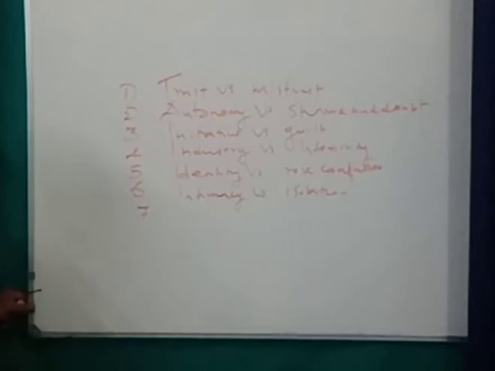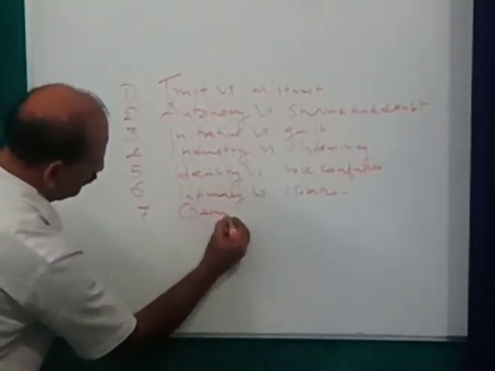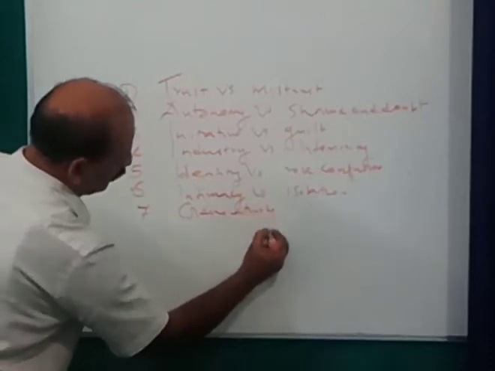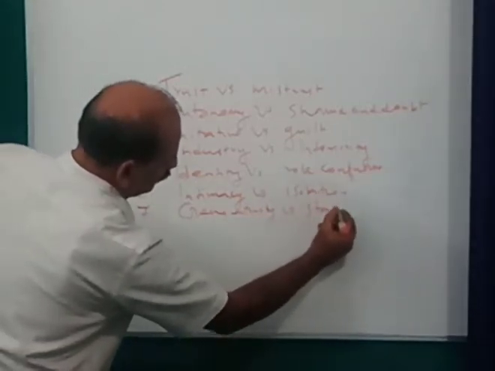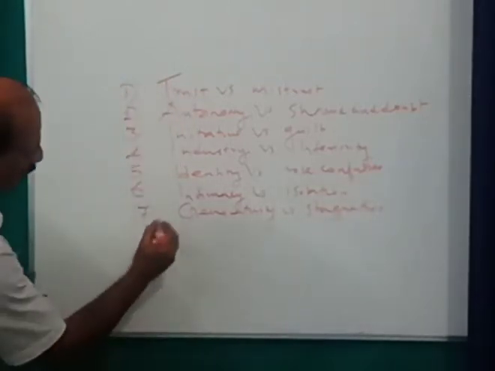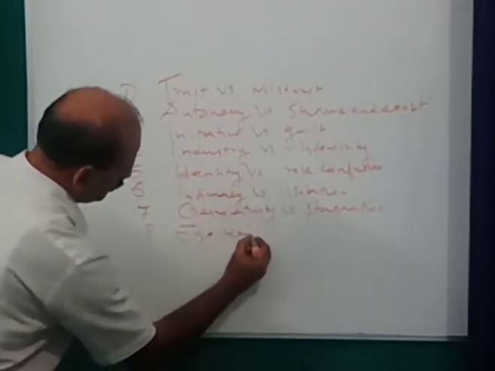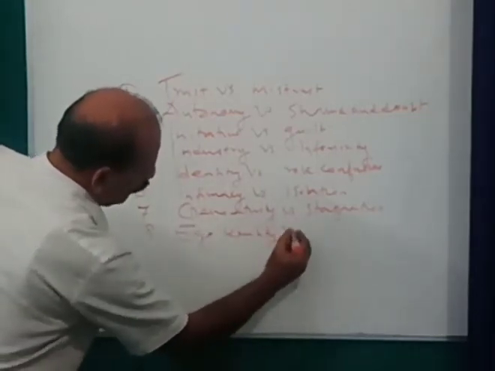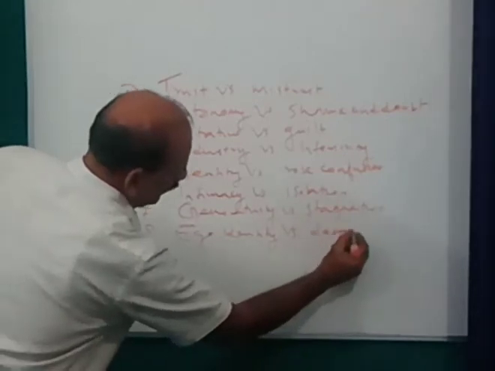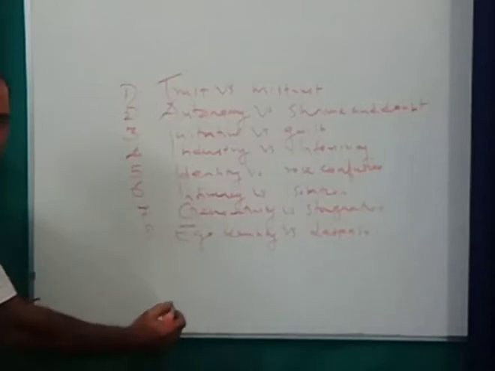Then the seventh one, generativity versus stagnation. And the last one, ego identity versus despair. So these are the developmental stages given by Erikson.